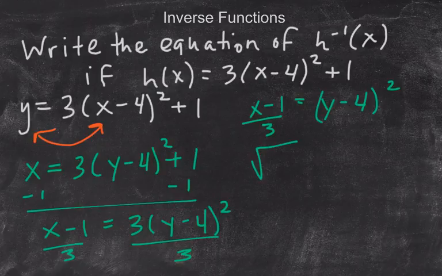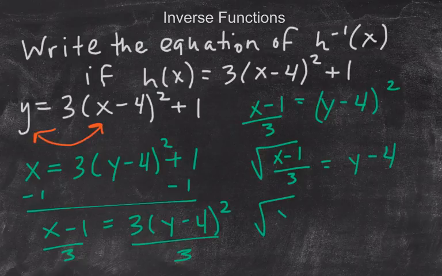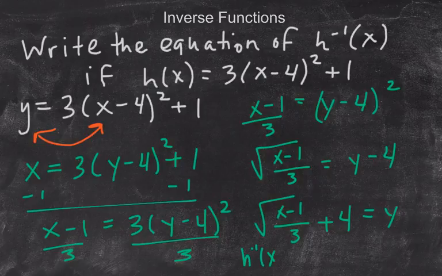Square root, and add 4. Okay, so I can write that as h inverse of x equals the square root of x minus 1 divided by 3, plus 4.